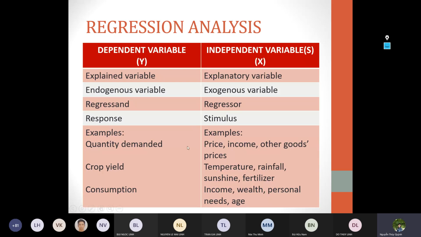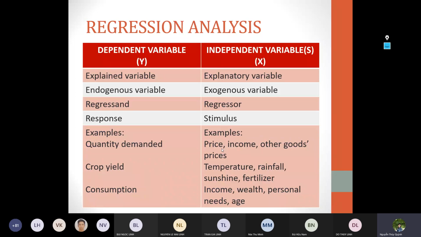For example, to explain quantity demanded, we can use the price of that good, the income of consumers, other goods' prices, sometimes the price level, or the number of consumers in the market. We base on economic theories and the results of previous research to determine the independent variables that we use to explain the dependent variable.